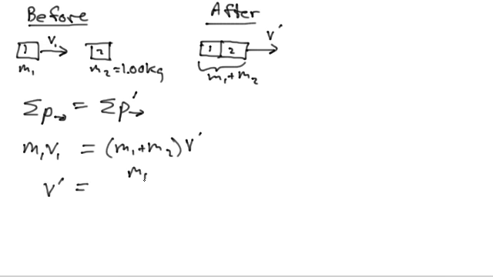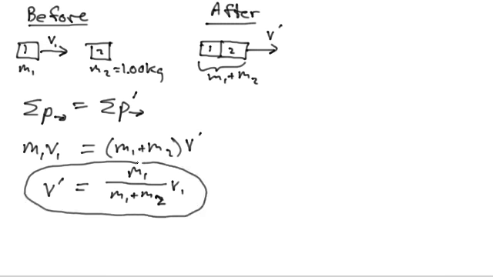So v prime is equal to m1 divided by m1 plus m2, times v1. Just divide both sides by m1 plus m2. I'm going to need that result, but certainly not as my answer.